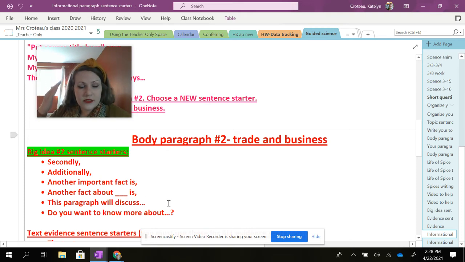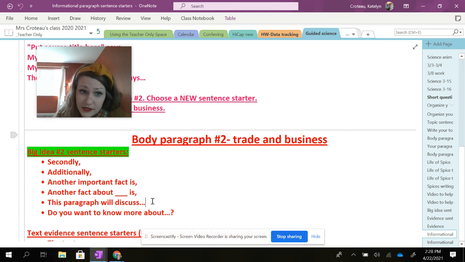You're just telling them what you're going to talk about. Now, there are interesting ways to do that and less interesting ways. If you just say this paragraph is about blank, it works. Is it the most interesting sentence ever? No, not really. So that's what makes a really good writer, is how can you find a way to introduce the big idea and make it interesting.